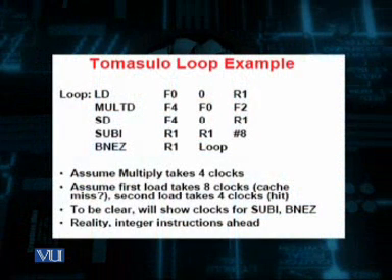and the remaining instructions take 4 clock cycles. Now here you can see the last 2 instructions, that is the subtract immediate and branch if not equal to 0. These 2 instructions are written here based on the assumption that we are using branch taken.